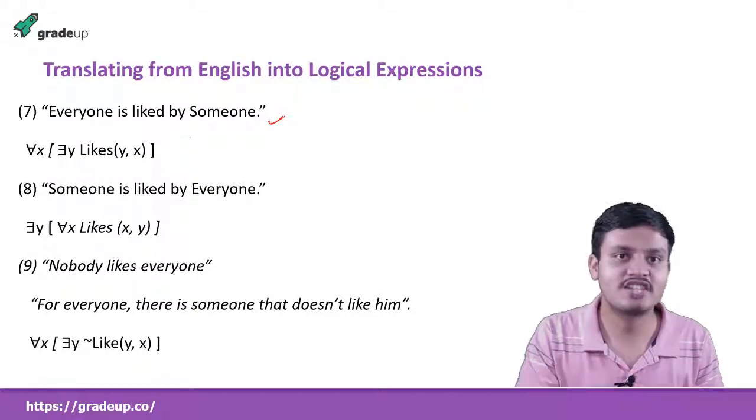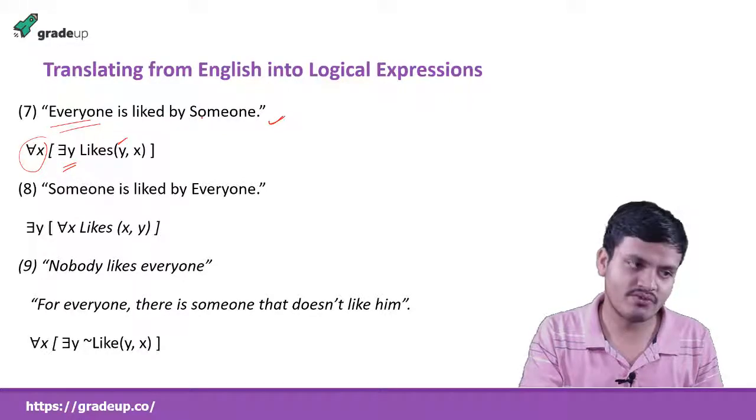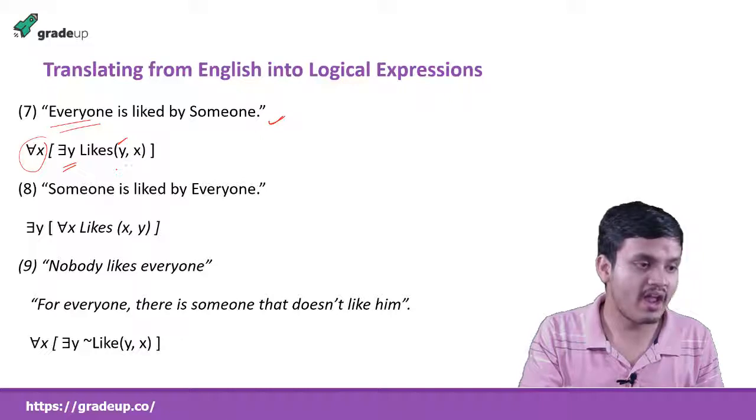So understand the statement properly. How will we convert it into a mathematical statement? Everyone is liked by someone. So for all x, there exists a y such that y likes x. Who is liking? y. There exists a y. Everyone is liked by someone. Yes, we should use the y here.